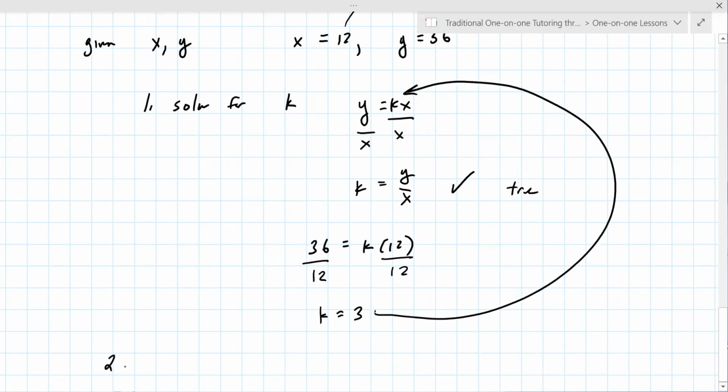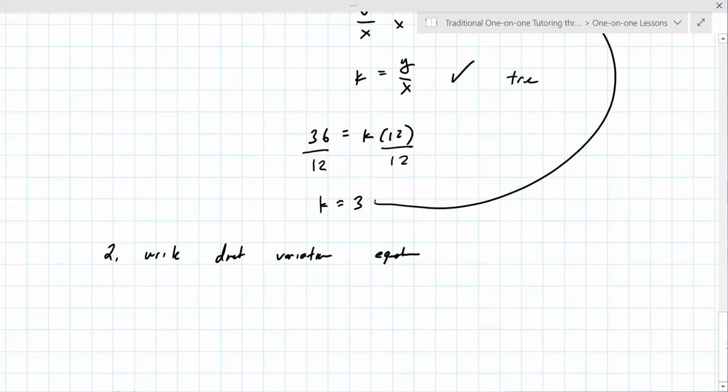Like if we were making a recipe, step 2 would be to write the direct variation equation. So the direct variation equation would be y equals 3x. And then from here, you would use this equation in some way. Like I would give you a y to find an x, or an x to find a y.